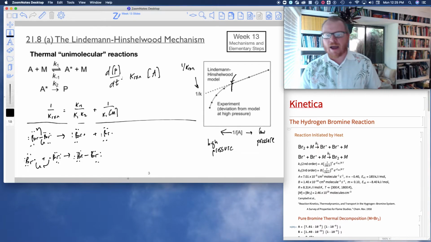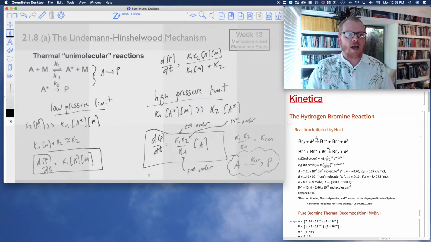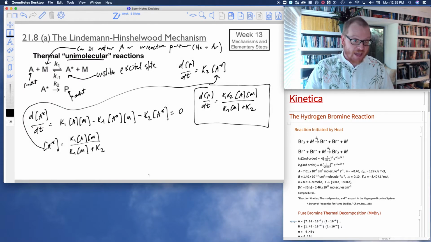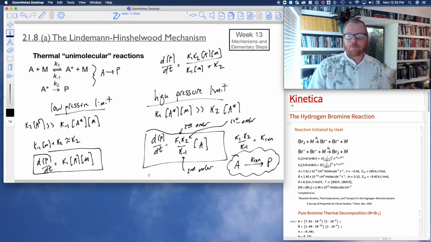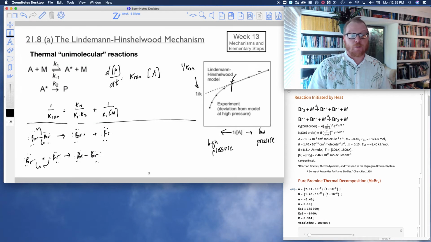What I've done in my Mathematica model here is two different things. I talked about how sometimes this M could be another A, or it could be an unreactive partner like a helium or an argon. So I first solved this model in the case where M equals another bromine.